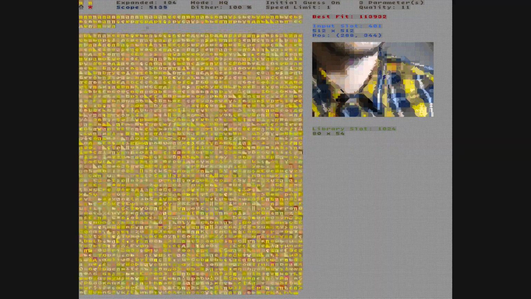This is the number of solutions that have been tested by the algorithm, and the speed limit allows us to, well, some of them are really tough, meaning that unless we set the quality really high, their best solutions remain elusive.